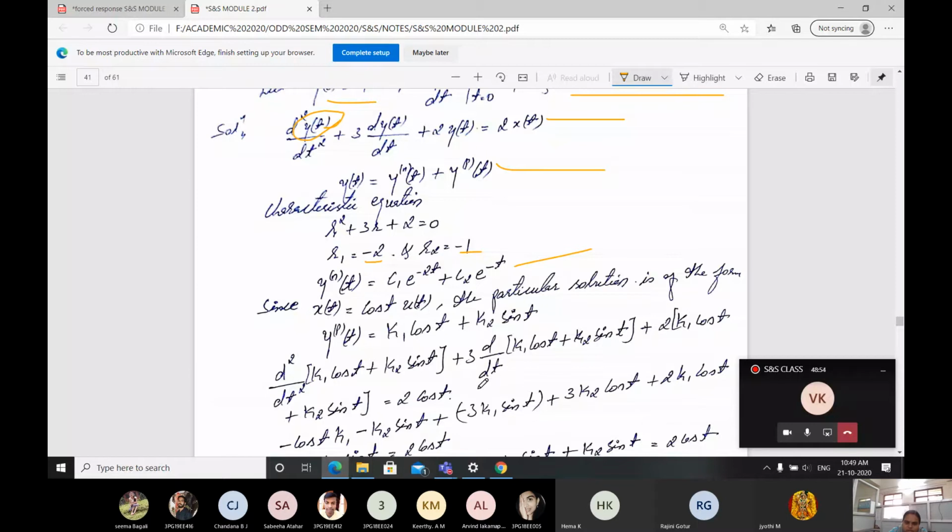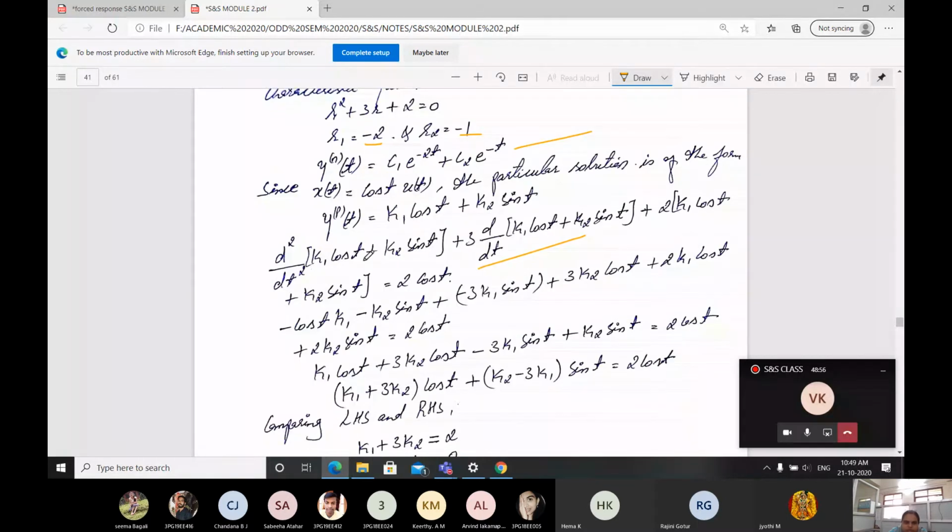Then do the differentiation for the whole equation. We will get minus cos t k1 minus k2 sin t, plus minus 3 k1 sin t plus 3 k2 cos t, plus 2 k1 cos t plus 2 k2 sin t, equal to 2 cos t.